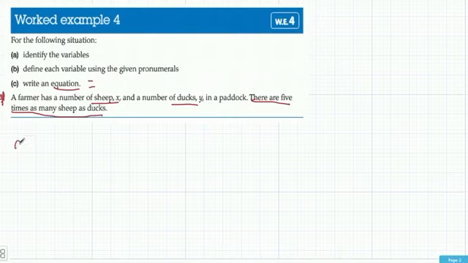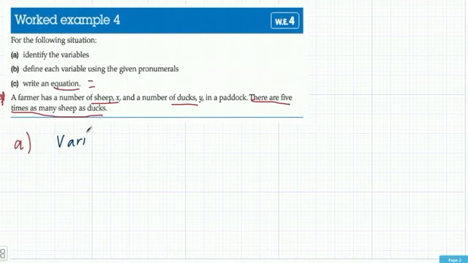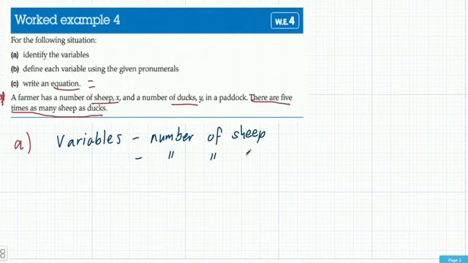The first part of the question says identify the variables. So the variables are the parts that we're interested in here, the actual items or objects or things that change. So here it's the number of sheep and the number of ducks. So our variables are the number of sheep and the number of ducks. Now that's part A done. Part B says define each variable using the pronumerals that are given.